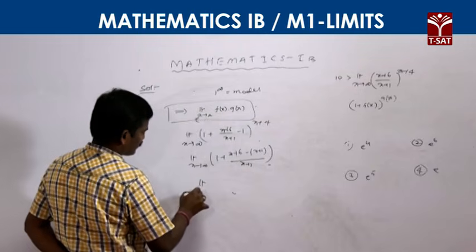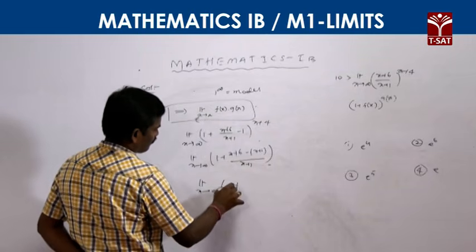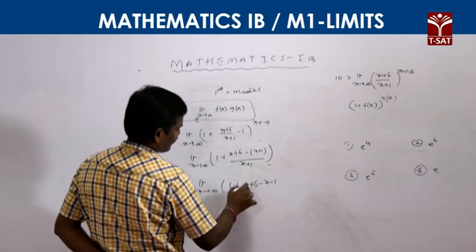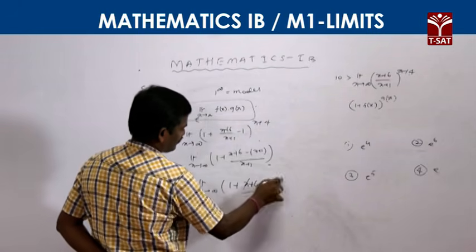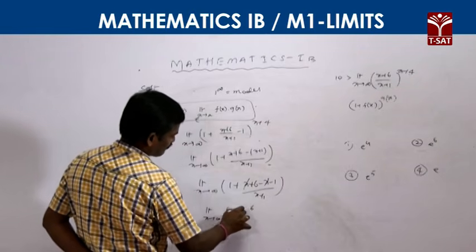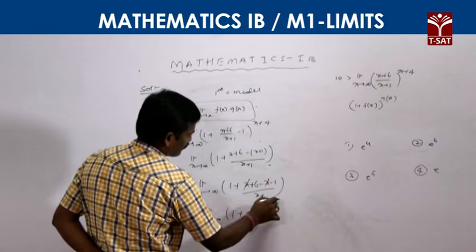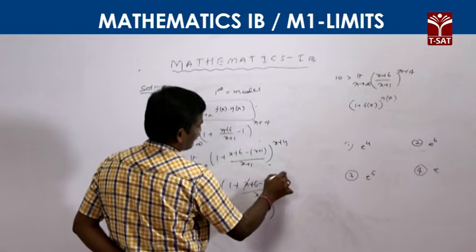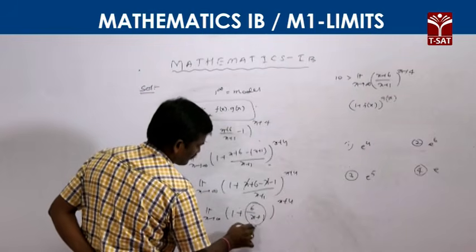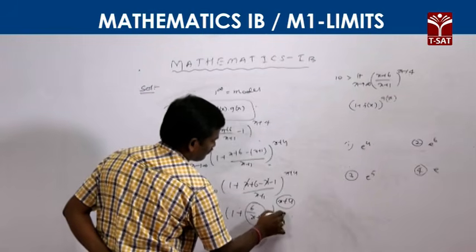So limit x tends to infinity, 1 plus x plus 6 minus x minus 1, x cancelled by x plus 1. So limit x tends to infinity, 1 plus 6 by x plus 1 to the power x plus 4.